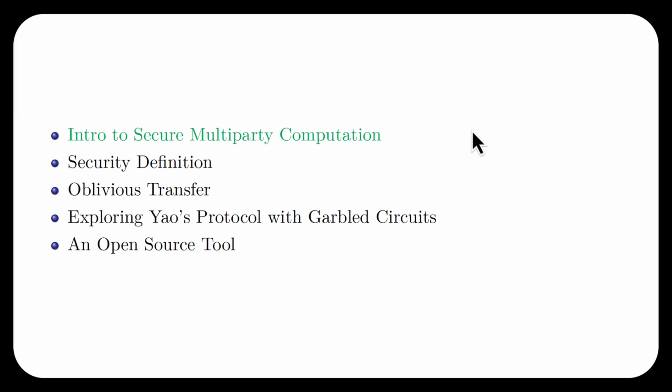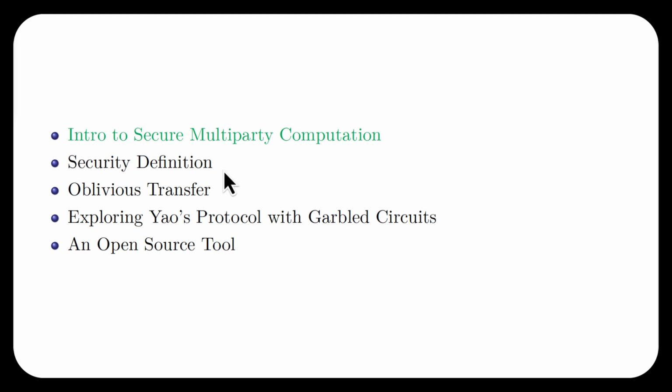So first, I'm going to give you an introduction to secure multi-party computation. First, we'll start with the motivation. What motivates us to use secure multi-party computation in practice? You're going to see there are many applications related to secure multi-party computation in the real world. We're going to look at the actual security definition, what the security guarantee and privacy guarantee are in general.